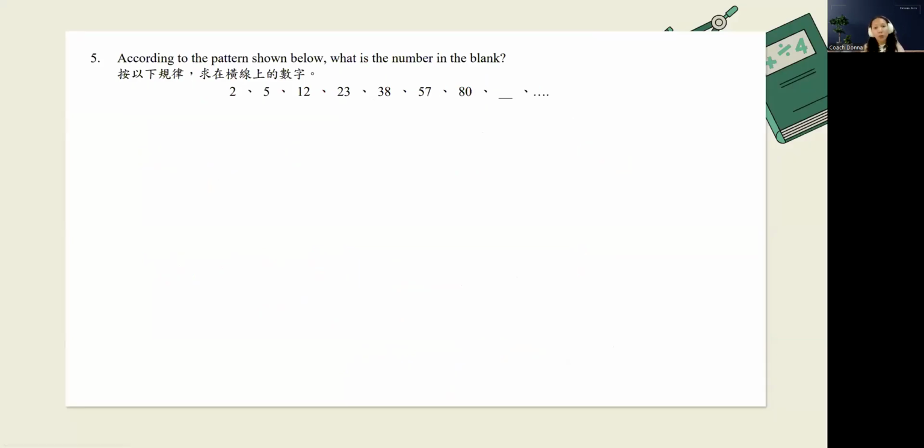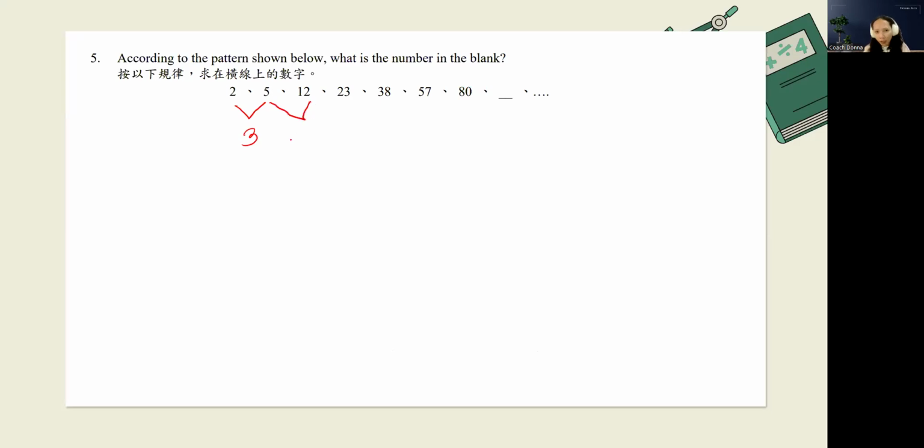According to the pattern shown below, what is the number in the blank? So here, if you have questions like this, identify the pattern first. So the question would be, how can I get from the first number to the next? All right. So from 2 going to 5 and from 5 going to 12. How are we going to do that? To get to 5, you'll have to add 3.